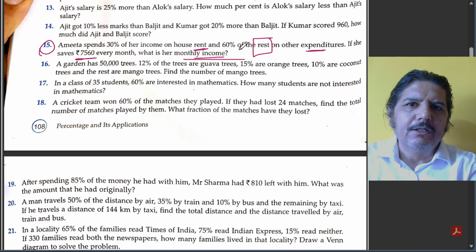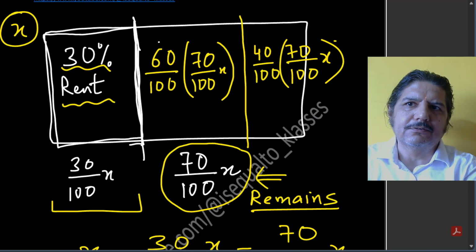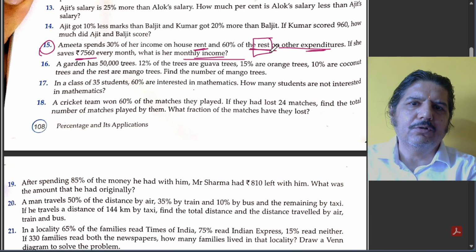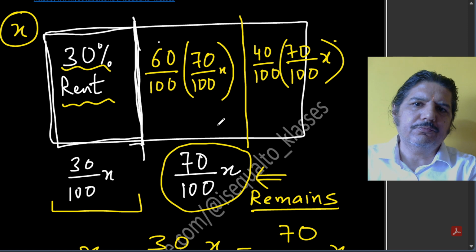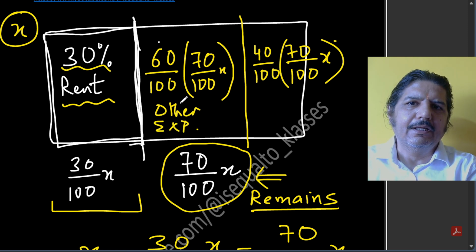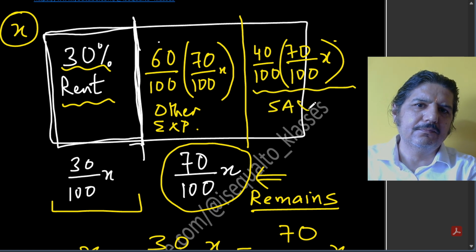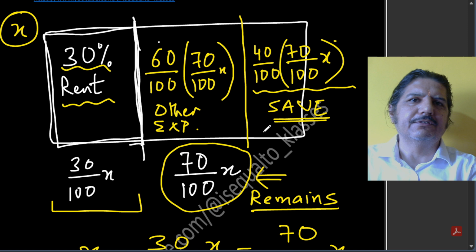Now 60% of the rest on other expenses. So this rest is 70 upon 100x. So 60% of 70 upon 100x is other expenses. And 40% of 70 upon 100x is what she will save.